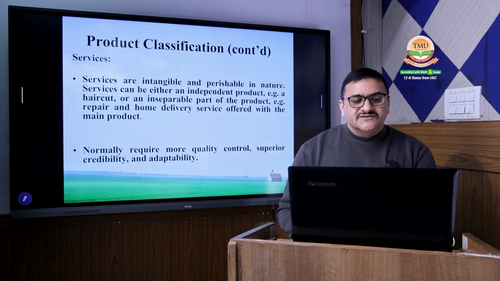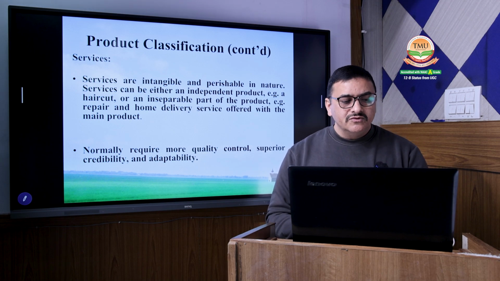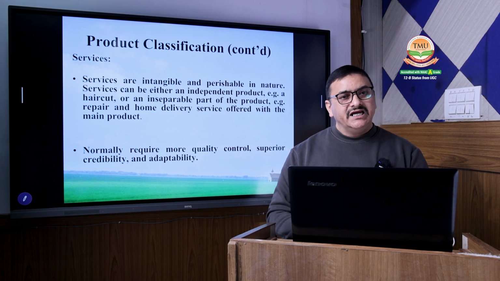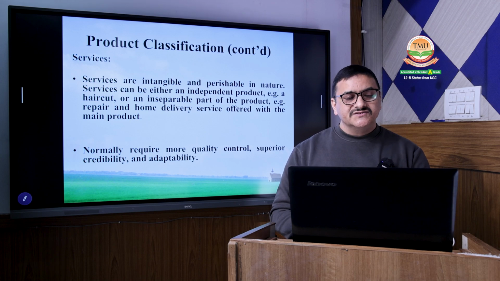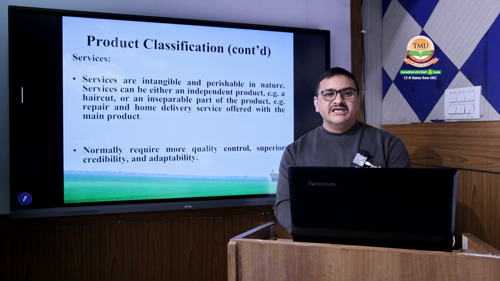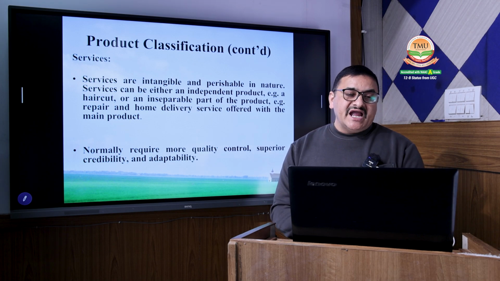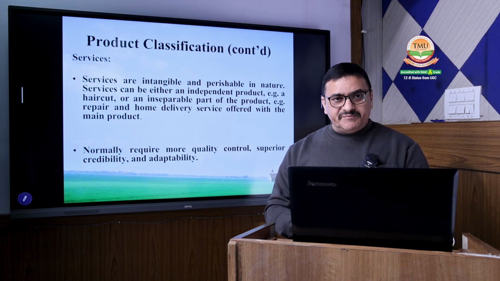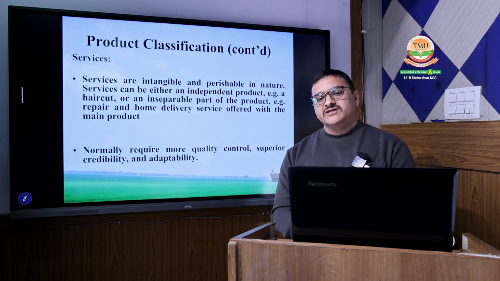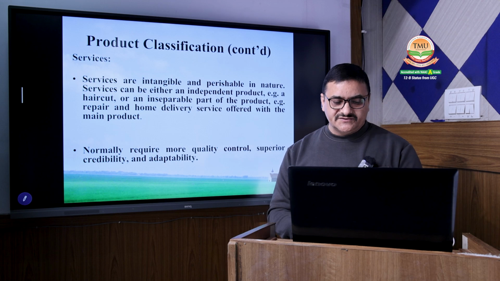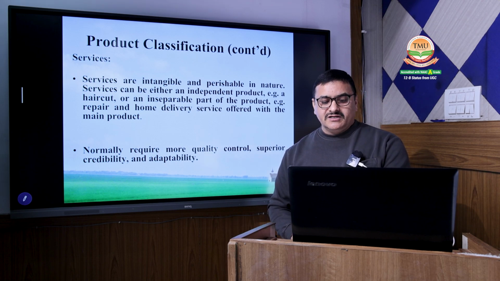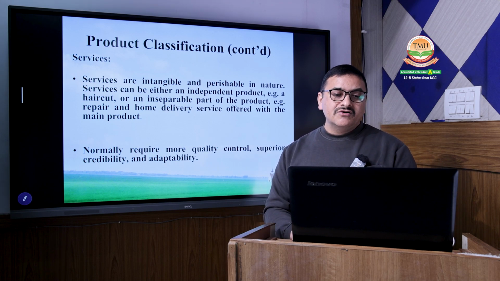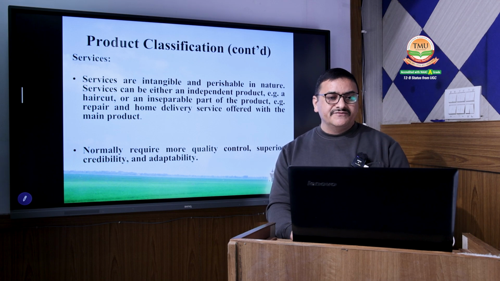And normally, services require more quality control, superior credibility, and adaptability. Because if we are not taking care of the quality, superior credibility and adaptability aspects, then the customer will not stay with your services because there is cutthroat competition in the market. So, all these things must be taken care of.